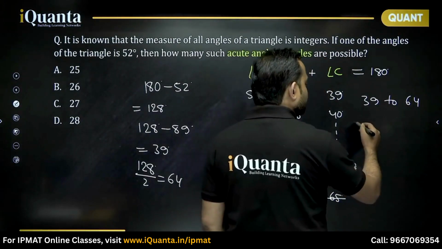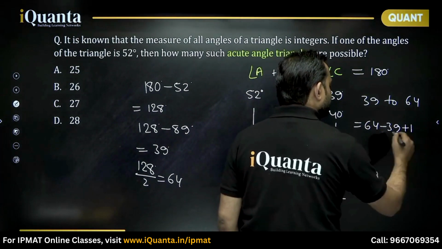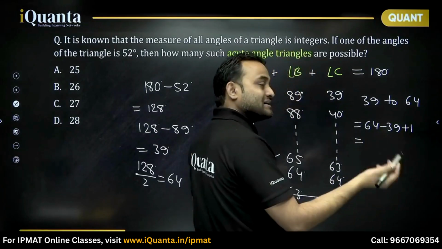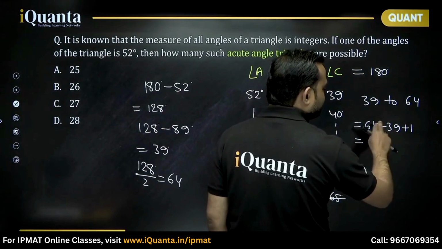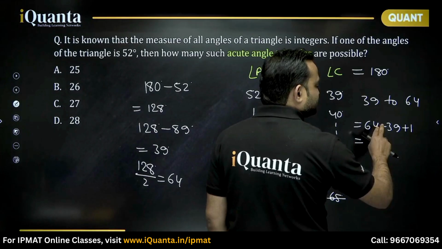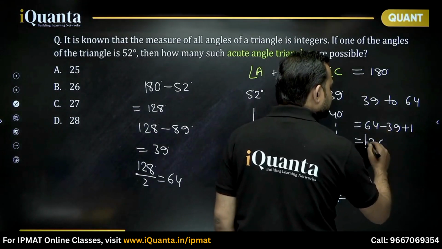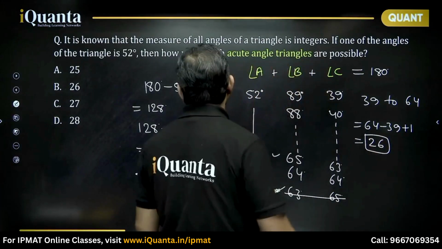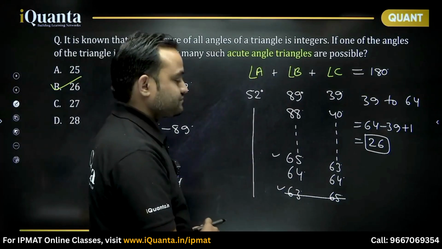This will be 64 minus 39 plus 1, that is 26 distinct triangles. So what's our answer? Our answer is option B.